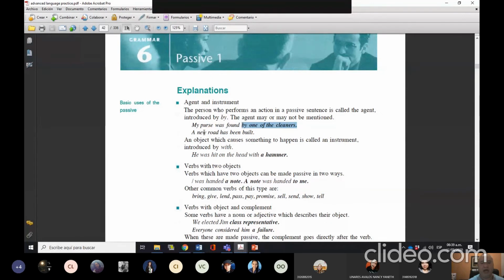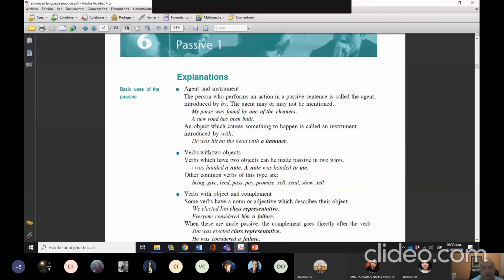Okay, example, a new road has been built. In this case, a new road has been built. We don't have the information by whom, by some workers, but this information is not too relevant, so we don't include it.